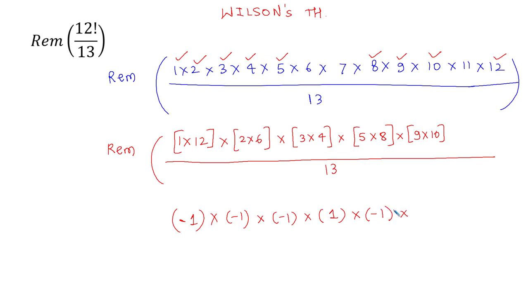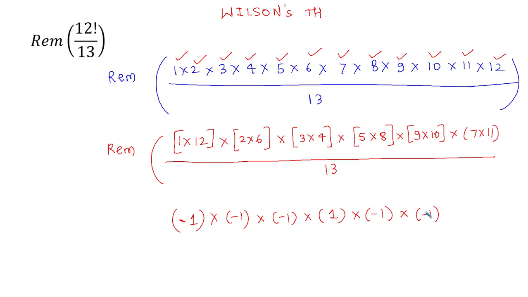Now the next is 7 into 11. We are done with 6. Now 7 into 11 is 77. 13 into 6 is 78, so if we divide 77 by 13, the remainder is going to be minus 1.